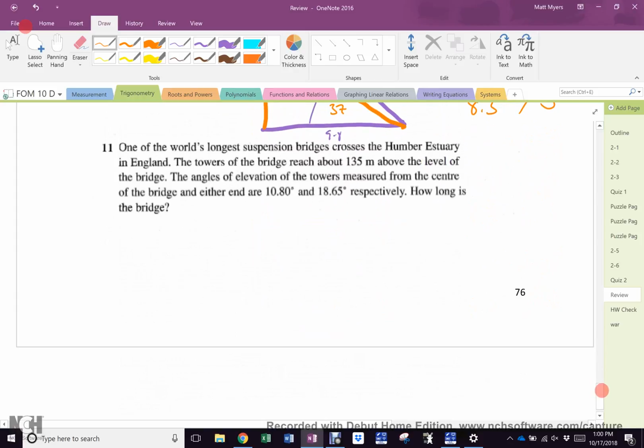And number 11. A lot of people I noticed when I was walking around drew the triangles for number 11 badly, which means that's almost right. A lot of people drew this. Except that's not what a suspension bridge looks like.